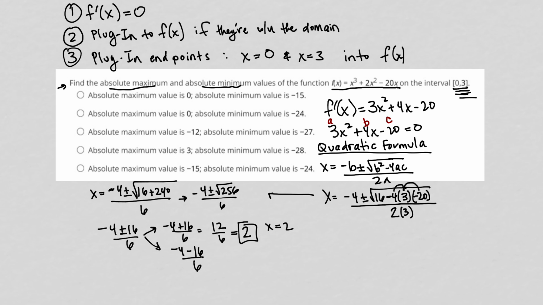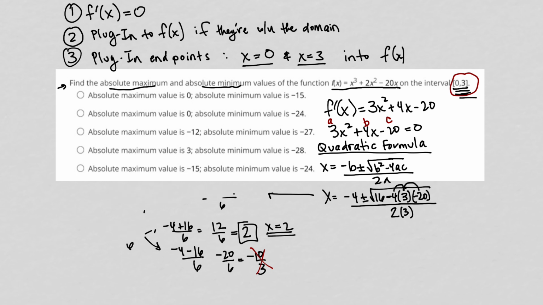The next one is negative 20 over 6, which reduces to negative 10 over 3, which is negative, so I actually don't care about it. Why don't I care about this answer? Because it's outside of my interval. My interval starts at 0, so a negative value for x doesn't matter to me. So I have 3 x values to try: x equals 0, x equals 3, and x equals 2. I'm going to plug all those into f of x.